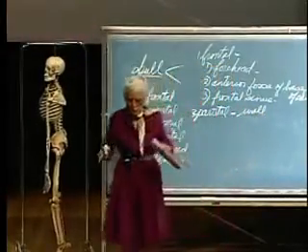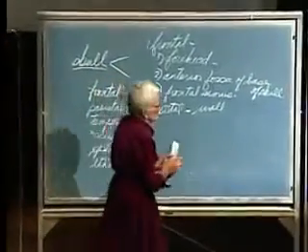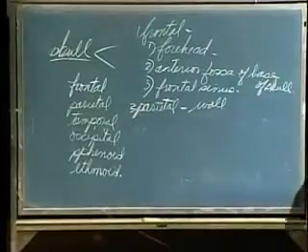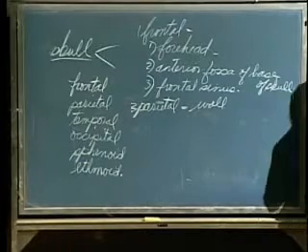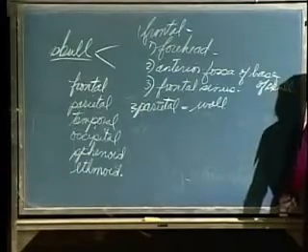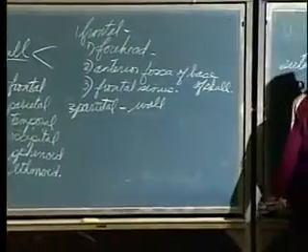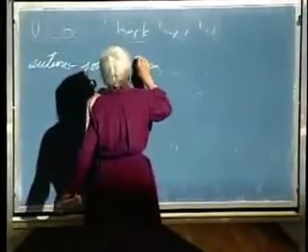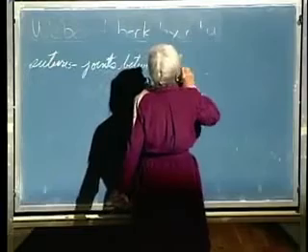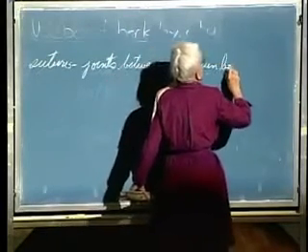And I want to introduce the term suture to you now, because a suture is the joint between the skull bones. It's important that you understand them. Suture, the joint, between calvarium bones.